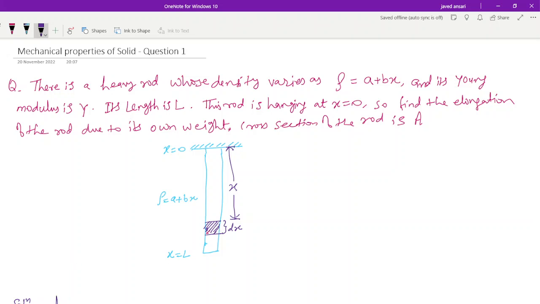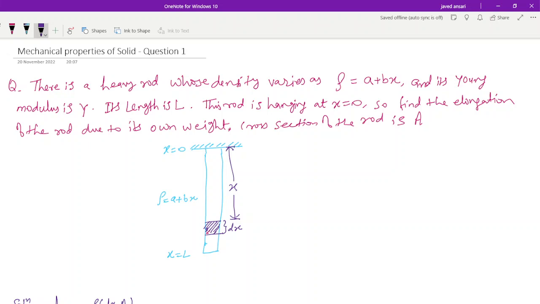This dm will be volume into density. Density is rho, volume will be dx times the cross-sectional area A. So this is your volume.